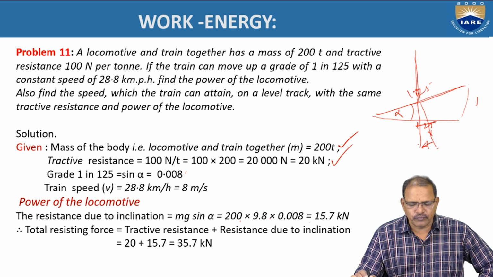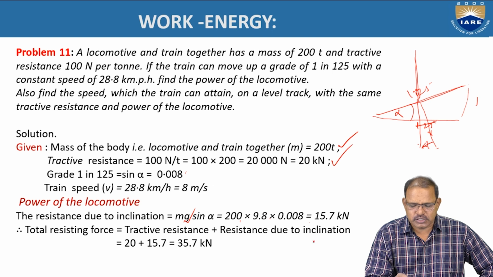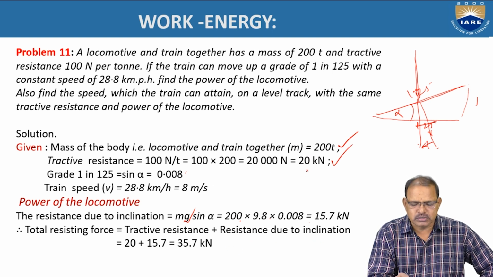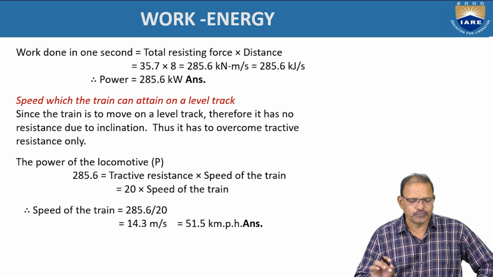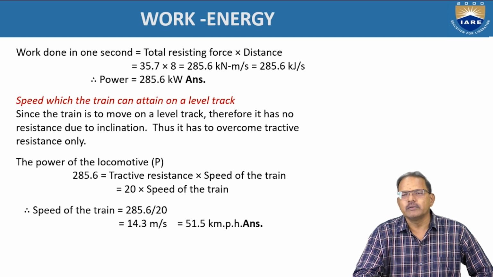So the total resistance force is equal to the resistance force plus the resistance due to the inclination. It is equal to 20 kilonewtons plus 15.7, equal to 35.7 kilonewtons now. The work done in 1 second is equal to the total resistance force multiplied by the distance traveled in 1 second.